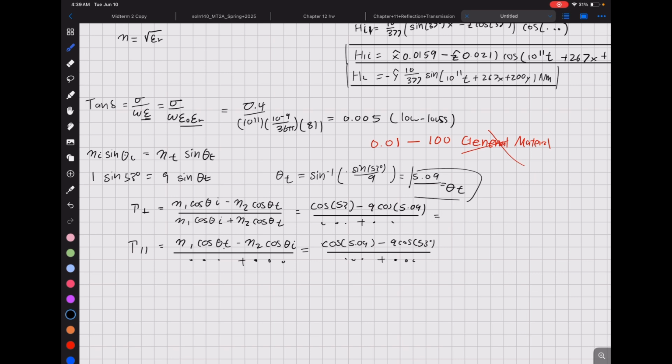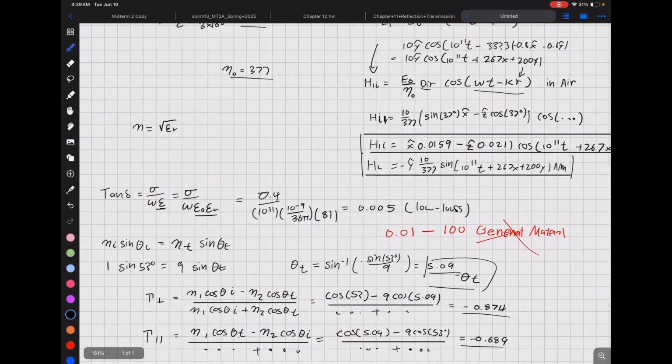So calculating that, we're going to get negative 0.874, and this is going to be negative 0.7689. And our gammas are found, and that's going to help us on finding the reflected H field.